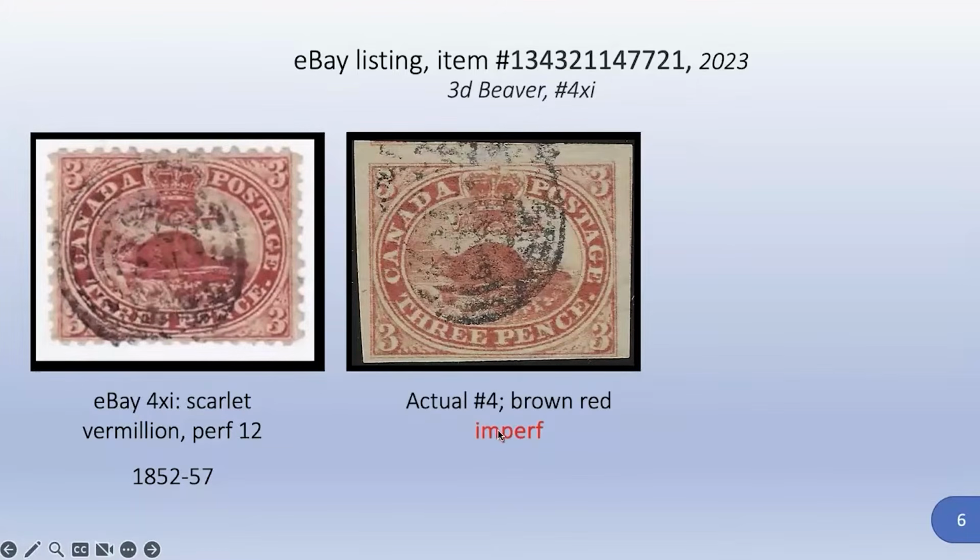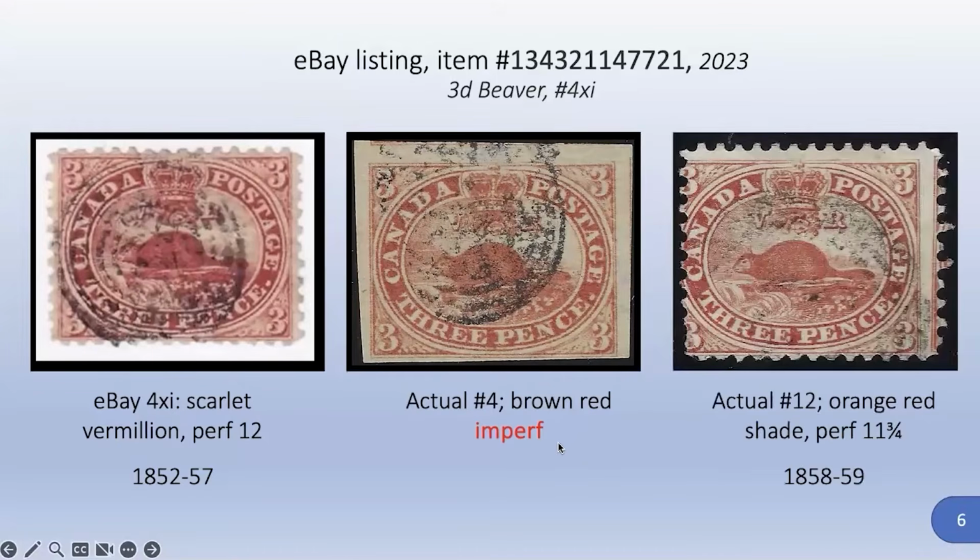This is an actual number 4, a brown red imperf, which is how it was issued. And here's an actual number 12, that same stamp issued in 58-59 with perforations. Perf 11 3/4. This is perf 12. So you can see the challenge here. It's a mixture of an actual number 4 and an actual number 12, but it's neither.